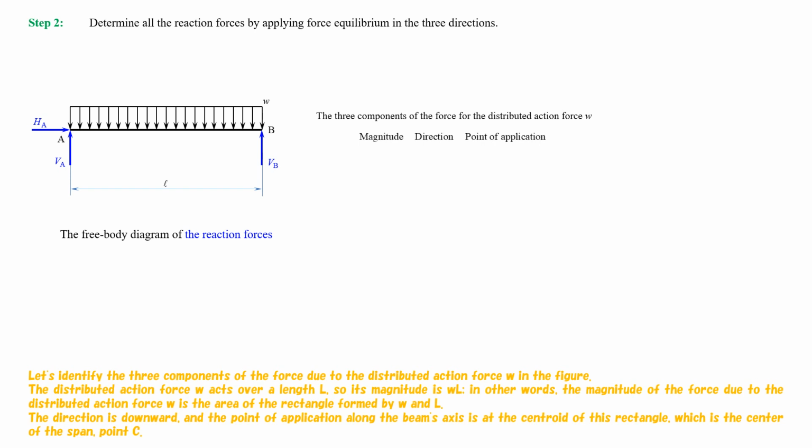The distributed action force W acts over a length L, so its magnitude is W multiplied by L. In other words, the magnitude of the force due to the distributed action force W is the area of the rectangle formed by W and L. The direction is downward, and the point of application along the beam's axis is at the centroid of this rectangle, which is the center of the span, point C.